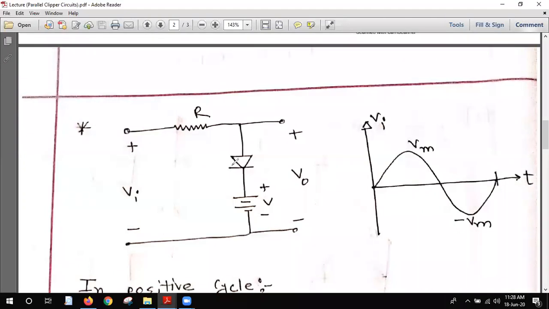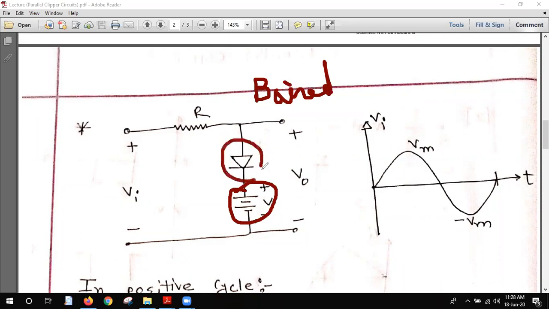You see that, sir? Now a DC supply is added here. That's why it is known as biased clippers. Sorry, my bad writing. This is known as biased clippers, and you see that the diode is across the output, in parallel.